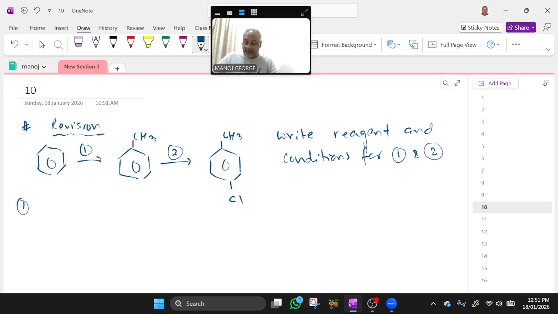Please type done when you finish. Reagent condition for the first one and reagent condition for the second one.